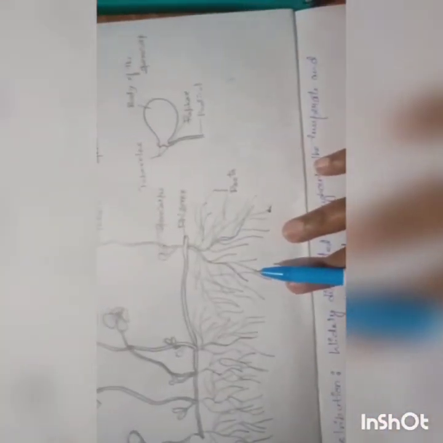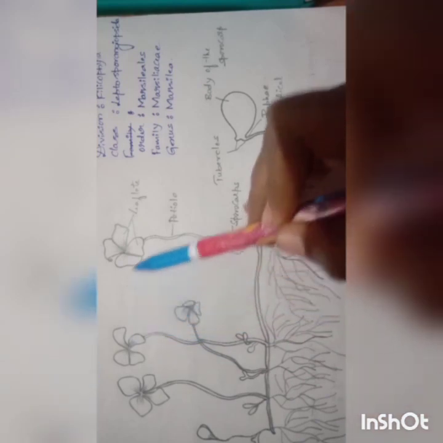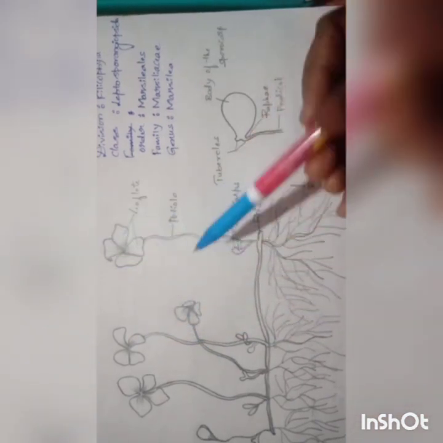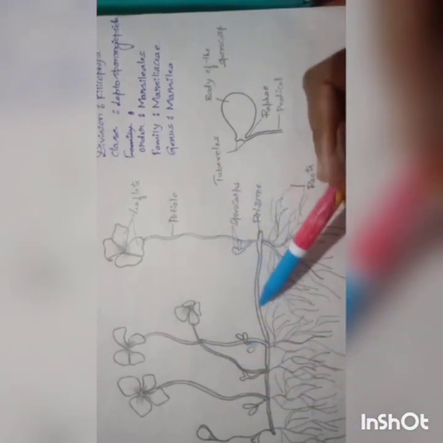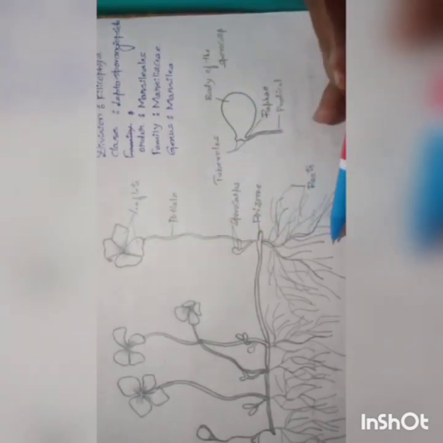Coming to the external features of Marsilia, the plant is sporophytic in nature, which resembles a four-leaved clover plant. The plant body shows differentiation into stem, leaves, and roots.